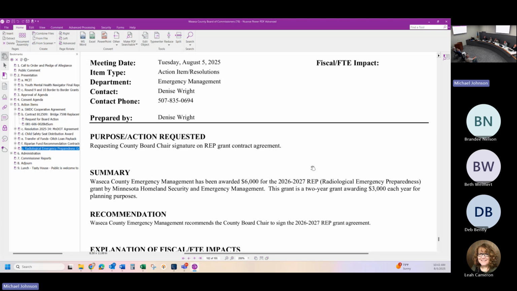Since the incident at Three Mile Island in 1979, this award has been in existence, and the whole premise of it is for local preparedness, revising plans, and some full-scale scenarios that FEMA administers, as well as our regional emergency management planning group. So we're just ultimately looking for approval of the award, and we'll sign off and send back to the state so we get access to that money.